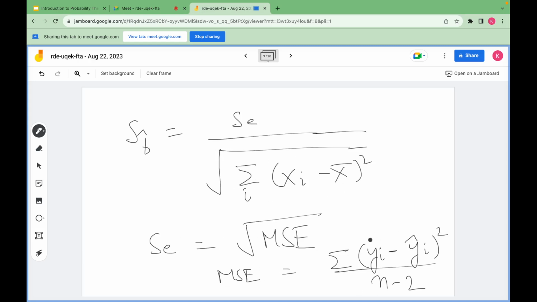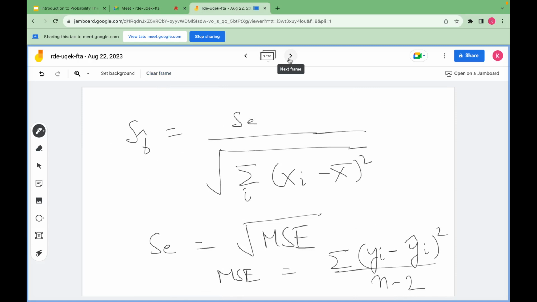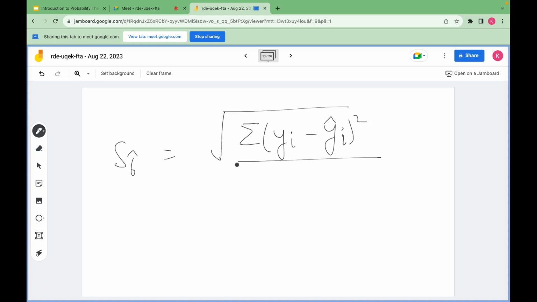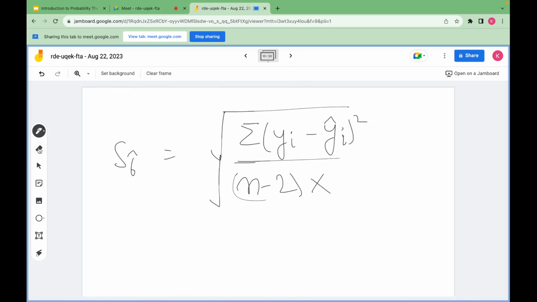So this SB cap is root over the summation of actual values of y minus predicted value of yi whole square divided by n minus 2, into this thing. Okay, this is SB cap.